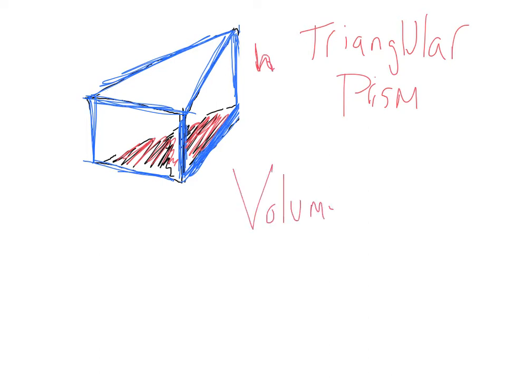So for this shape, it's still going to be the big B, the base, multiplying the height. To find the base of a triangular shape, it's 1/2 the base of the triangle times the height, and you're looking to multiply that by the height of the entire 3-dimensional shape, the H in red up here.